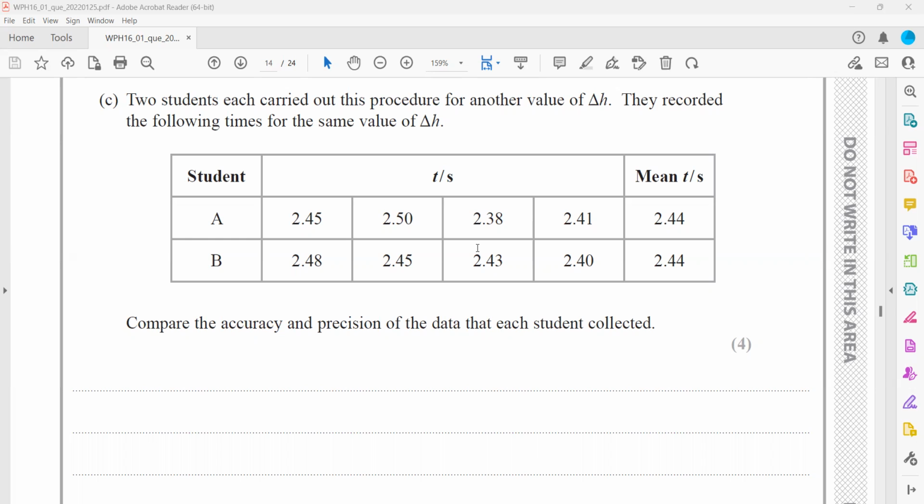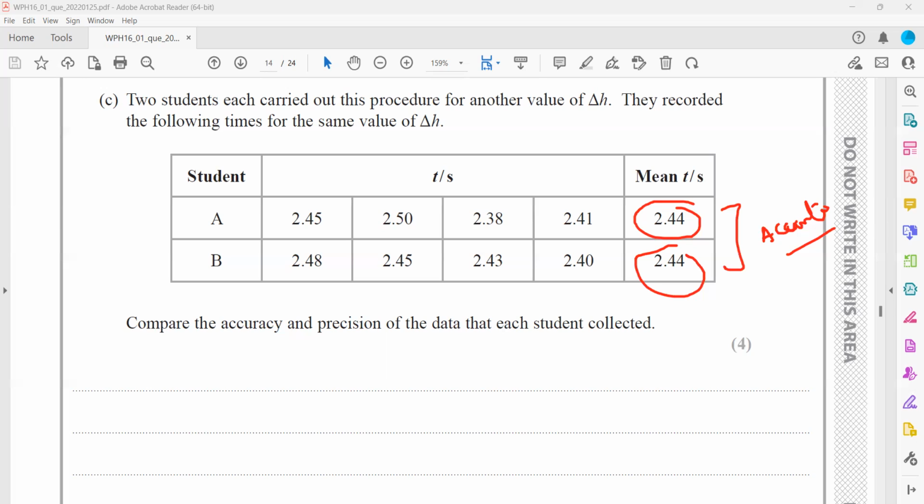When we compare, you can see both of the students are getting the same average answer, 2.44. So we can say student A and student B both are accurate, both are getting the same result of about 2.44. But we don't have a standard value.